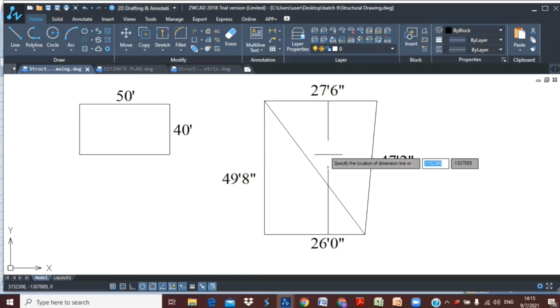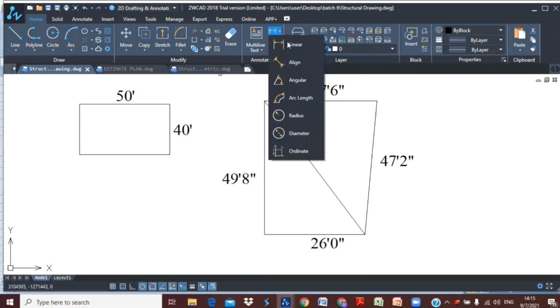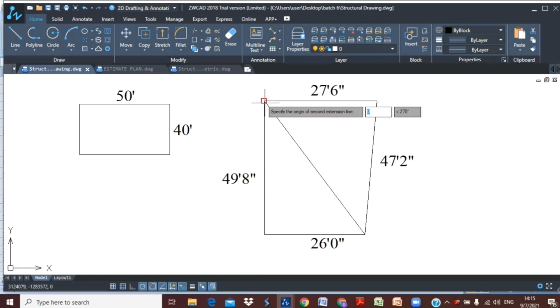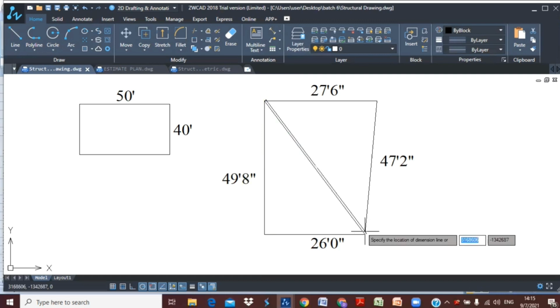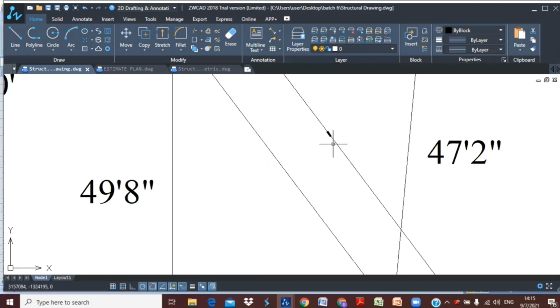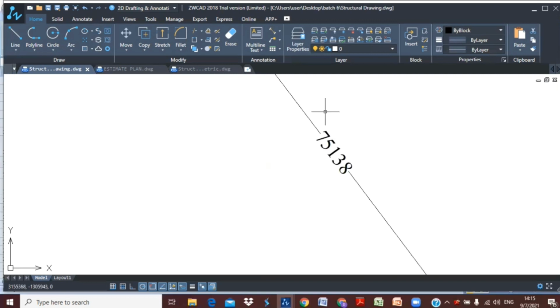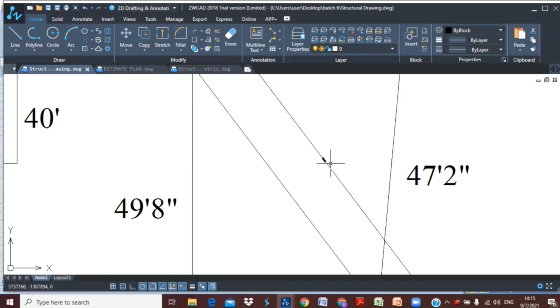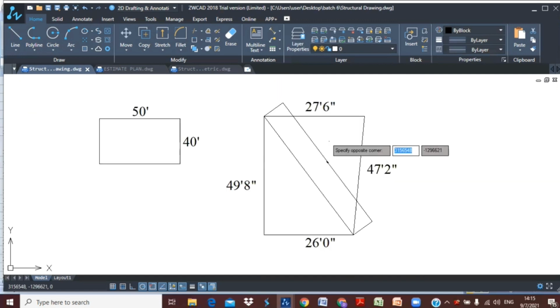By measuring, sorry, we have to take the aligned one. I have taken the linear one. By choosing the align option, we can find this inclined length also. You can see here this one is in mm, so you have to convert it into feet.